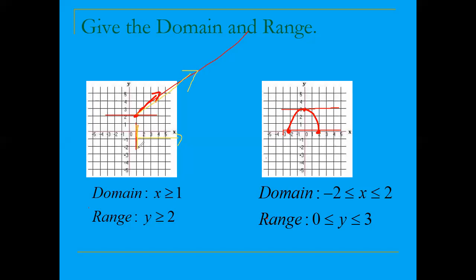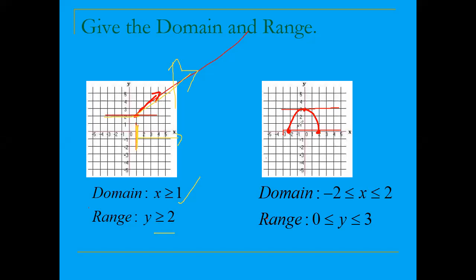So we say that the function is defined over the values of x greater than or equal to 1. That's the domain. And then y starts from 2 upward. It is going up. We don't know where it will end. So we say that y is greater than or equal to 2.